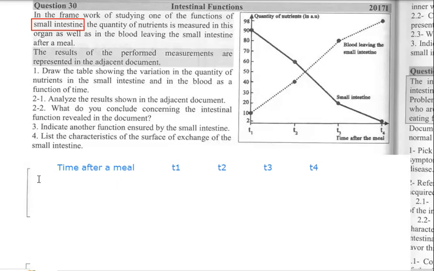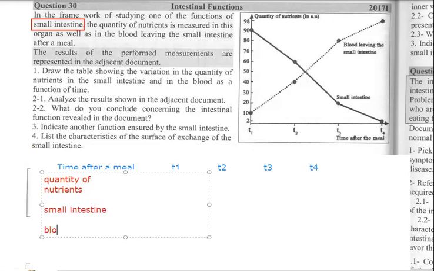Okay, so I'm going to write here quantity of nutrients. The first one in the small intestine and also in the blood leaving the small intestine. And we should never forget the unit, AU.